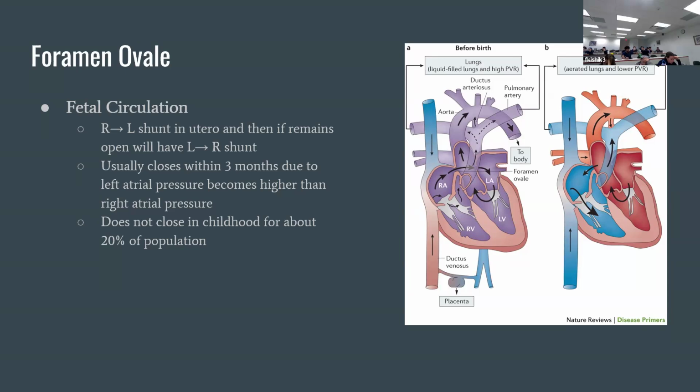Usually this closes within 3 months due to left atrial pressure becoming higher than right atrial pressure. And in about 20% of the population, it just doesn't close. It'll stay open. And a big chunk of that population is asymptomatic and has a PFO and they don't know it.